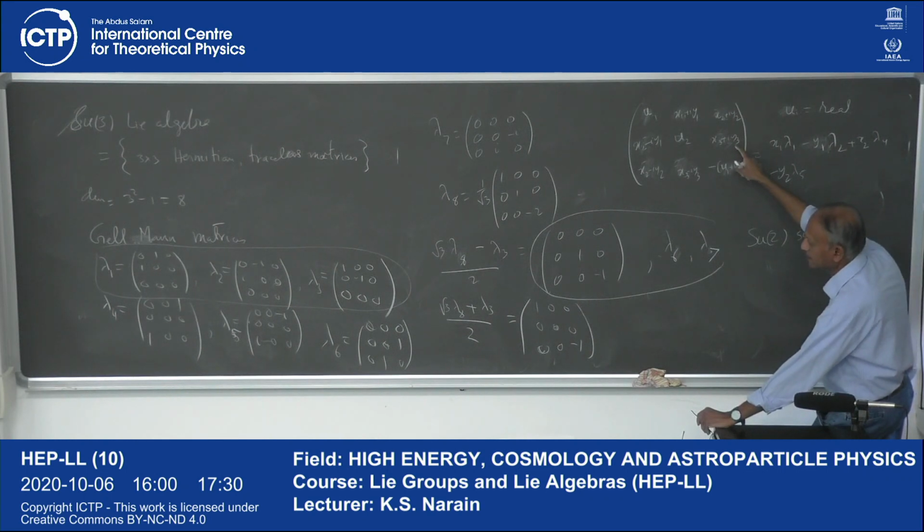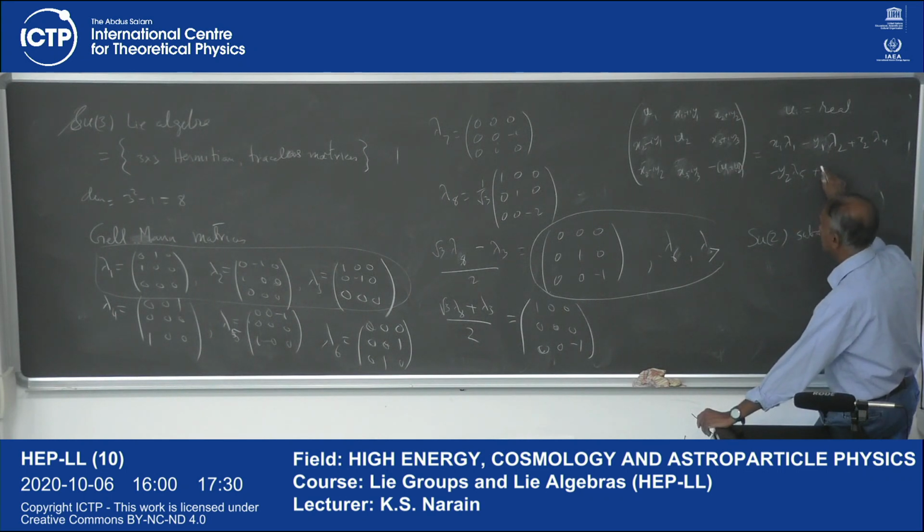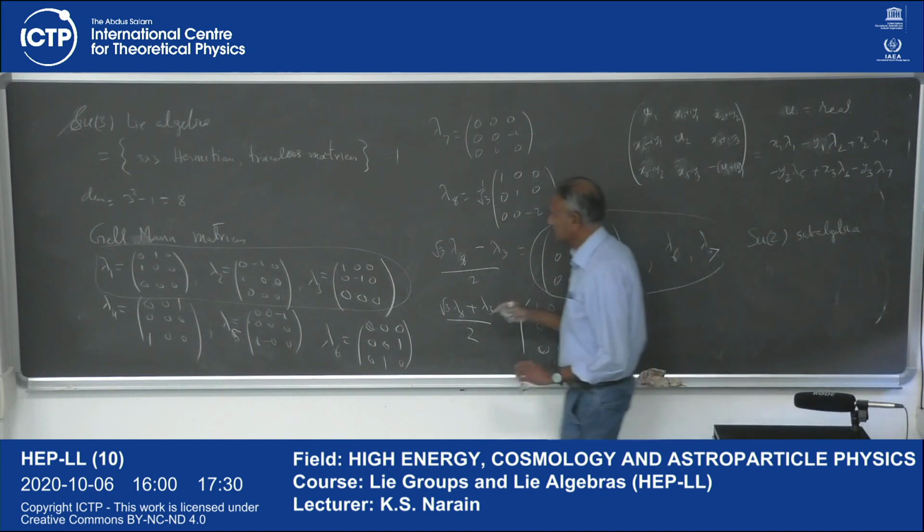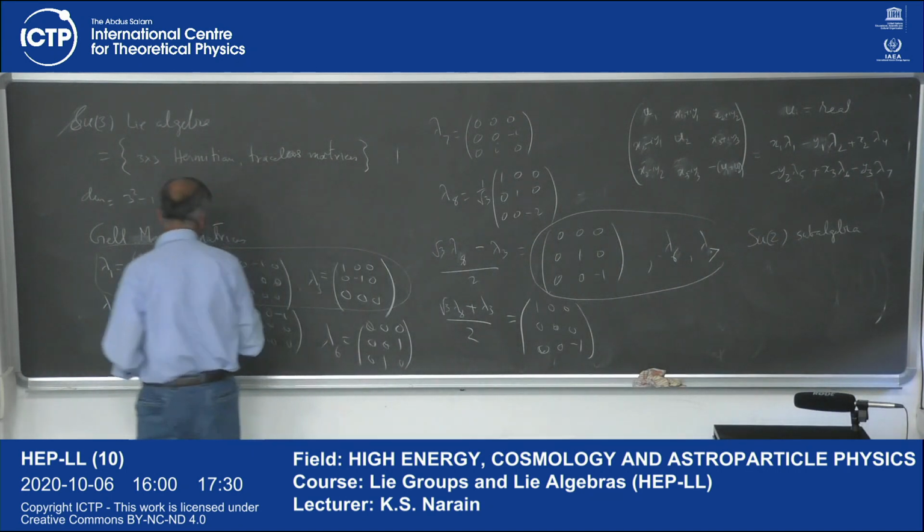And look at x3 plus x3 lambda 6, and minus y3 lambda 7. Okay, that is that. And then now the only thing left is the diagonal.